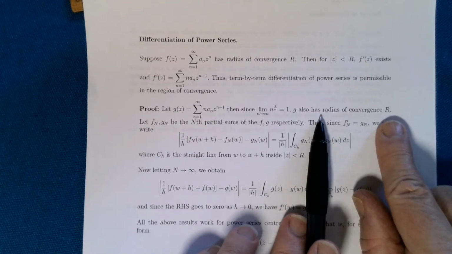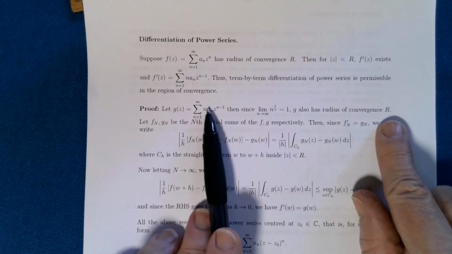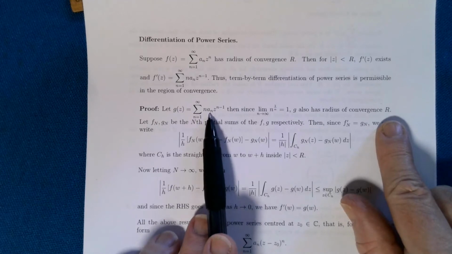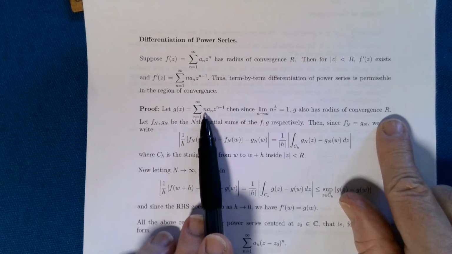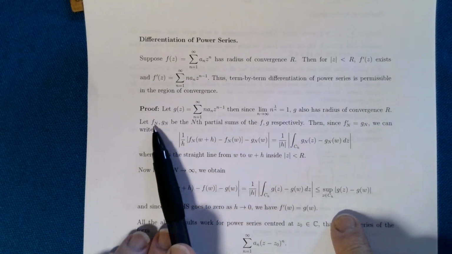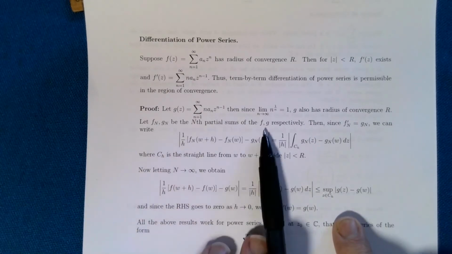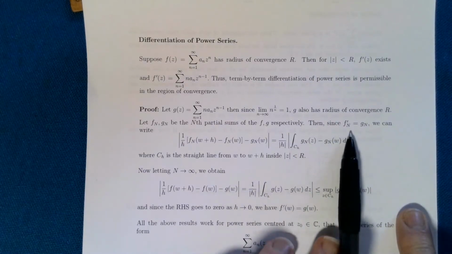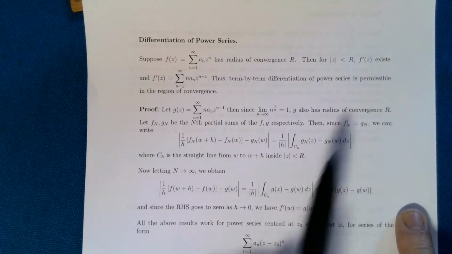We simply take the nth root test on this term here, and the nth root test will give me a radius of convergence r for the a_n's, and then n to the 1 over n goes to 1. So if we take f sub capital N, g sub capital N, the nth partial sums of f and g respectively, then since we've only got a finite sum, f dashed of N is g of N. And we can then write the following.